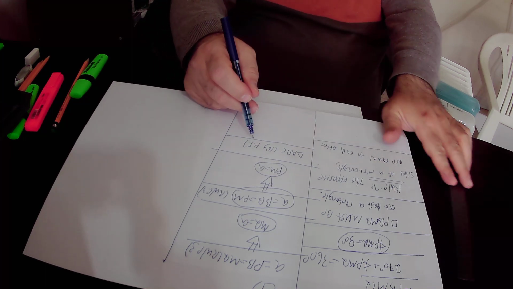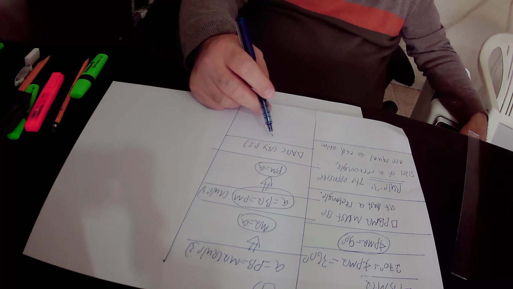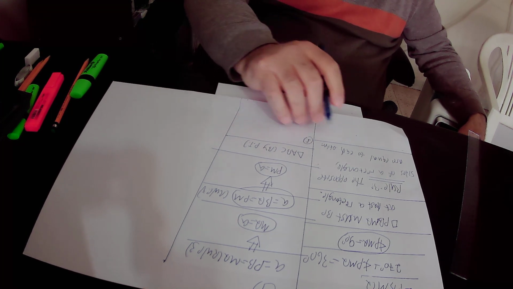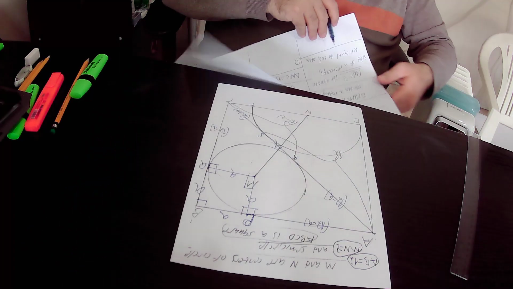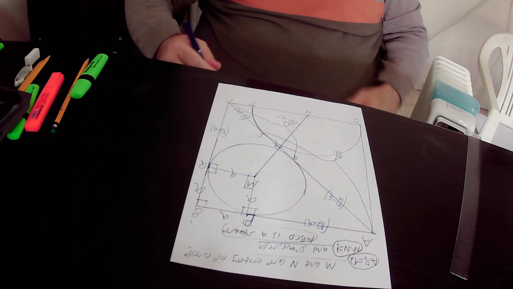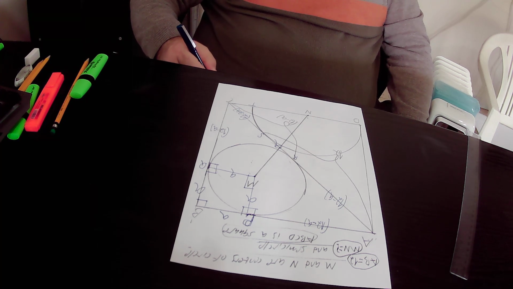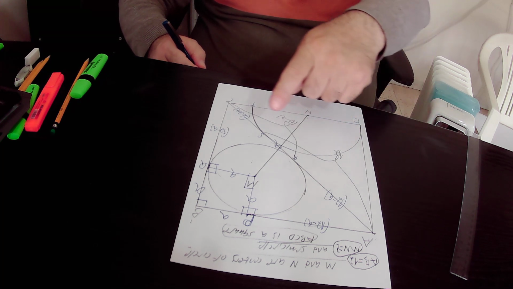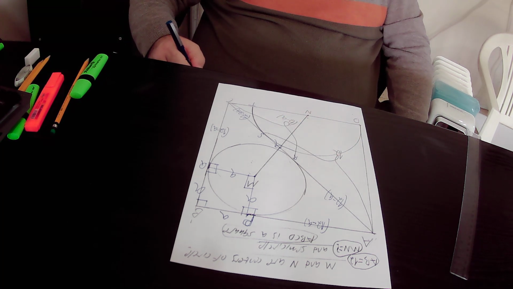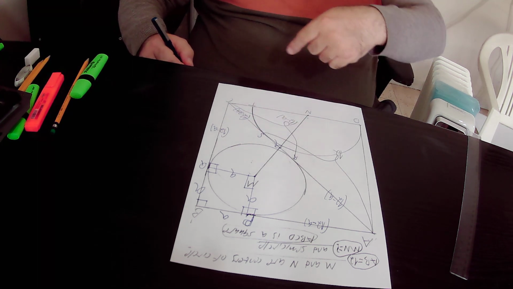Here PT is the abbreviation for Pythagoras theorem, so on the right triangle, triangle ABC, according to the Pythagoras theorem, the square of the hypotenuse equals the sum of the squares of the perpendiculars. The hypotenuse is AC, so the square of the hypotenuse is AC squared. And it equals the sum of the squares of the perpendiculars, that is to say it equals AB squared plus BC squared.